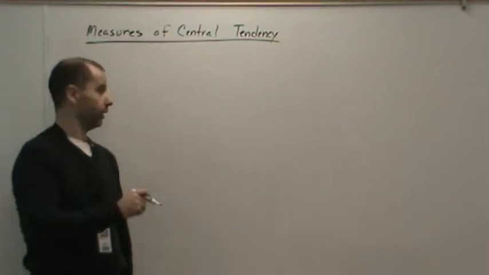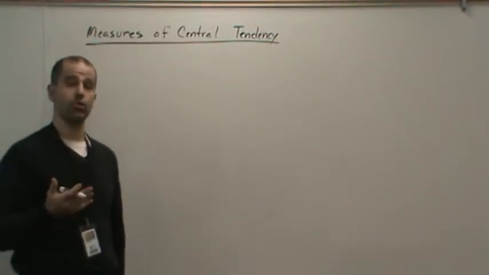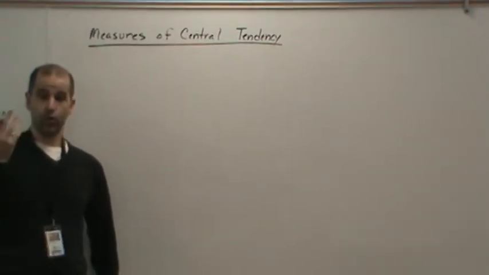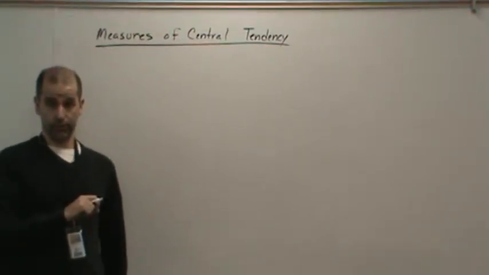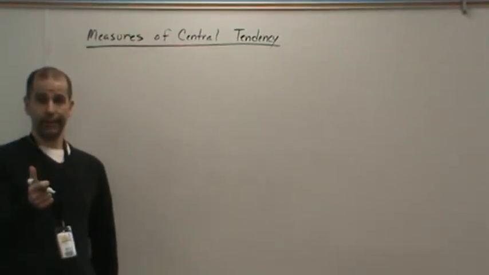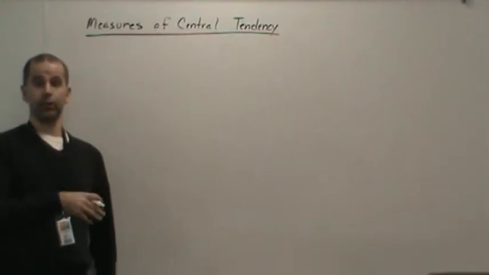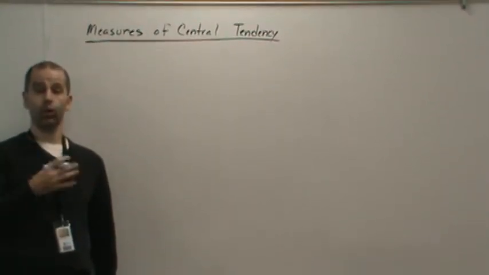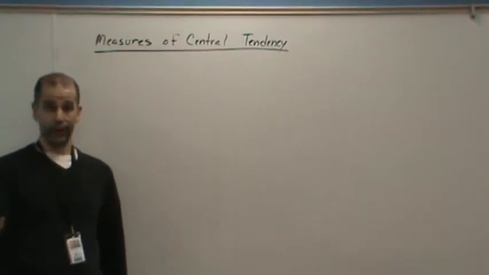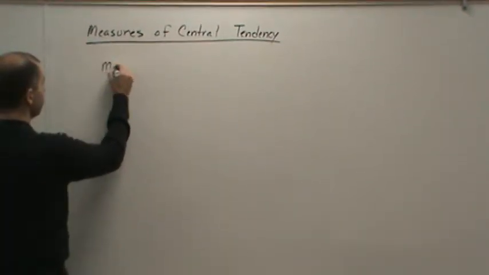That's the median. How do we calculate it? There's a two-step process, and there are two cases to consider. The first step is we need to order the data, either greatest to least or least to greatest. However you want to order it is fine.